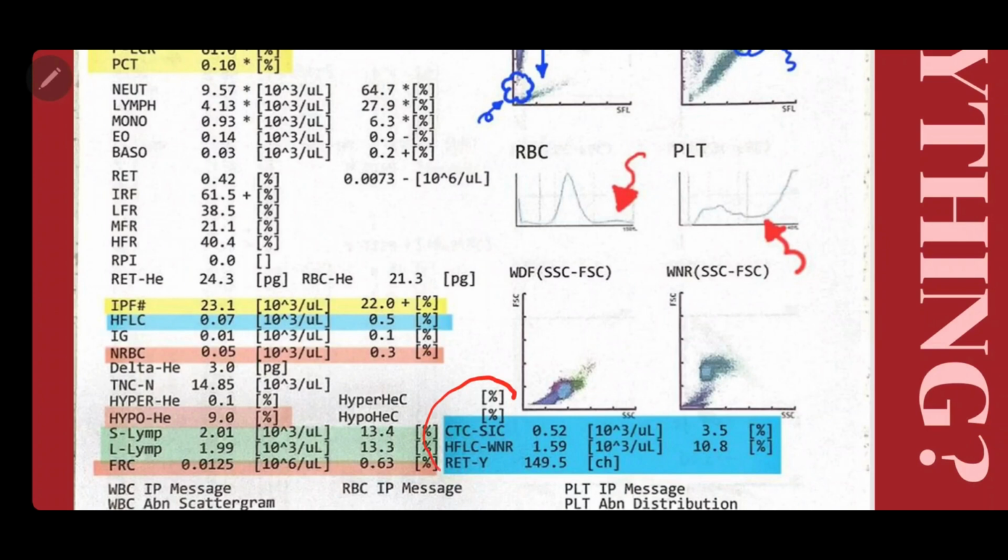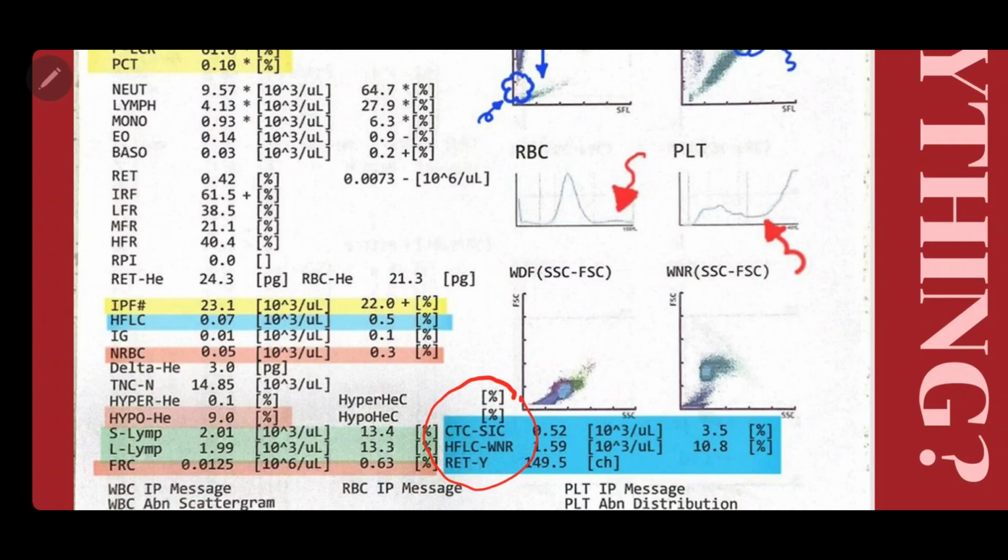What we see is the CTC, HFLC, WNR, and RET-Y. The CTC corresponds with the WNR graph above, indicating inflammation. Normally, the CTC should not exceed 0.05, indicating that this dog has inflammation.